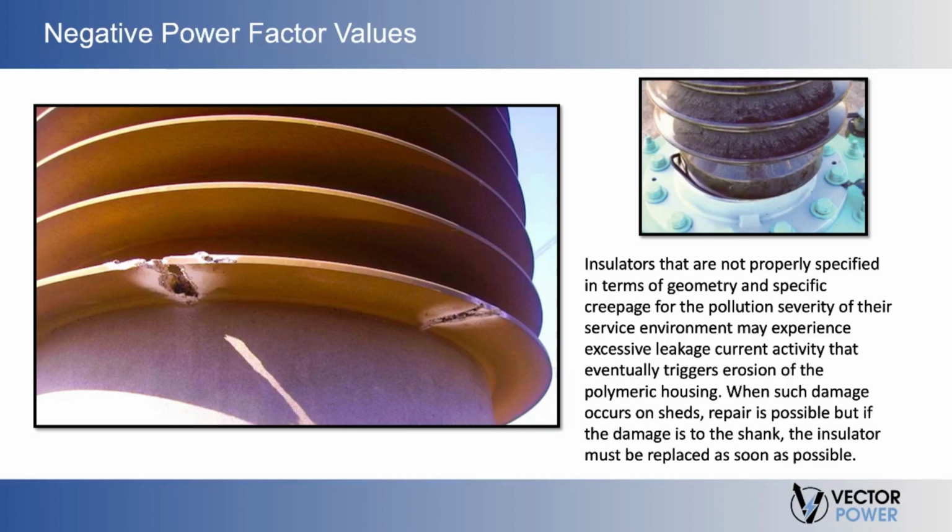Now, let's also talk a little bit about negative power factor values. Creep currents inside an insulation system, or more commonly on surfaces, create change of potential distribution that may give increased or decreased dissipation factor, and in some cases also negative dissipation factor.